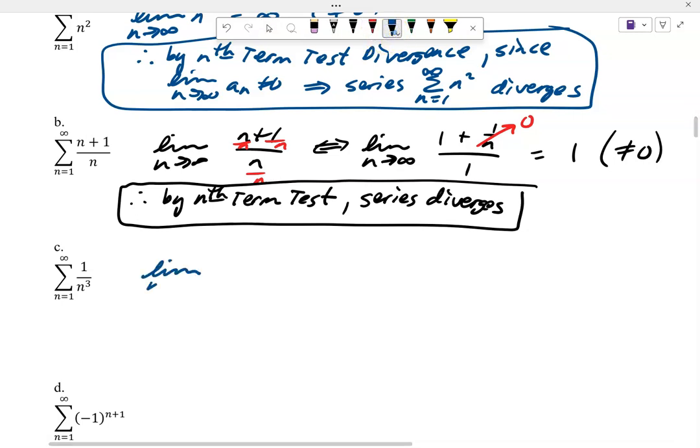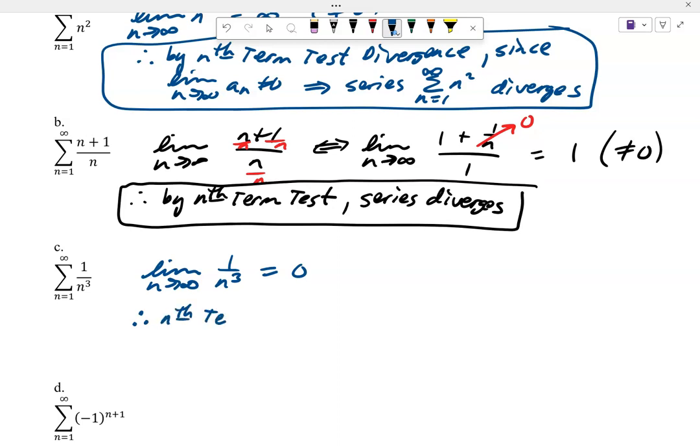About this one, let's test this one. We run this and we get 0. Well, it is 0, right? Again, the nth term test says if it's not equal to 0, then we can conclude it diverges. Well, it is equal to 0, so we can draw no conclusions. The nth term test just does not help us.